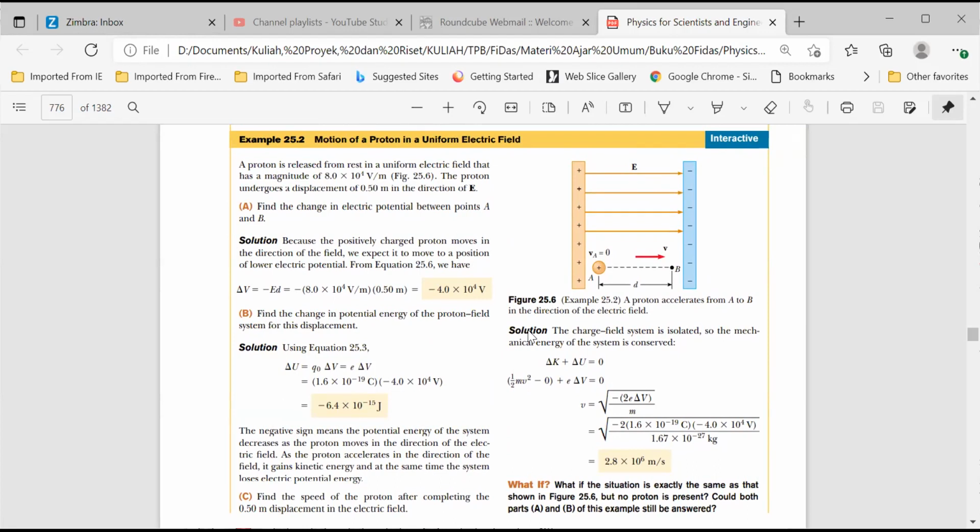So one half m v squared minus 0 plus e delta V equals 0, and we get v equals square root of minus 2 e delta V over m. The speed of the proton after the displacement of 0.5 meter should be 2.8 times 10 to the 6 meter per second.